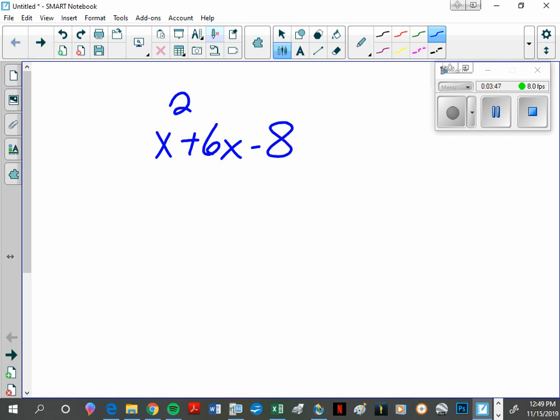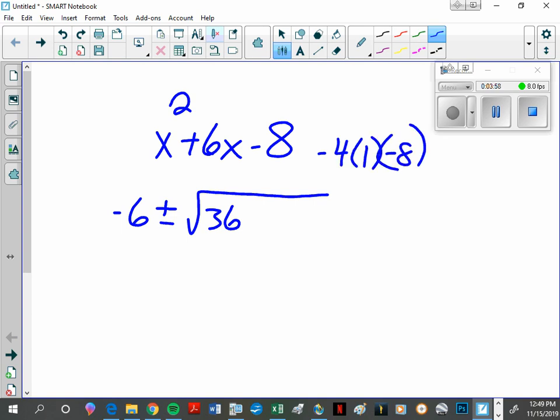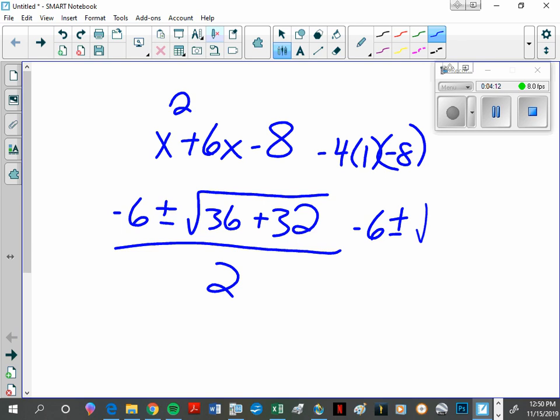Then that gives me negative 6 plus or minus the square root of 36 minus 4 times 1 times negative 8 is plus 32 over 2. 36 plus 32 is 68. So negative 6 plus or minus the square root of 68 over 2.